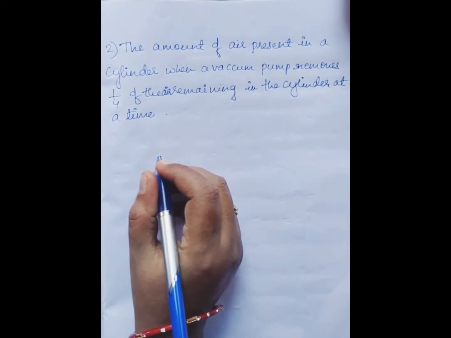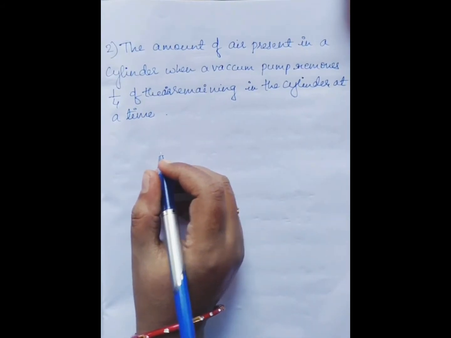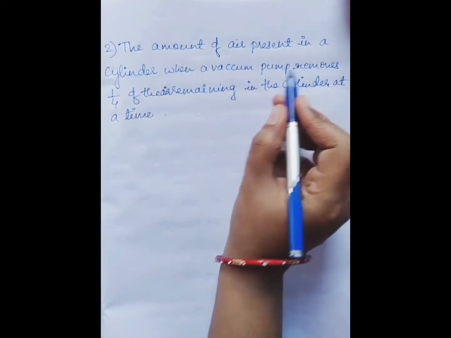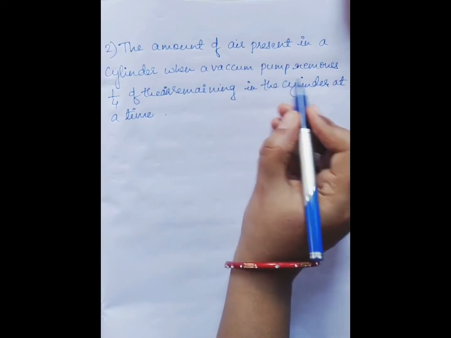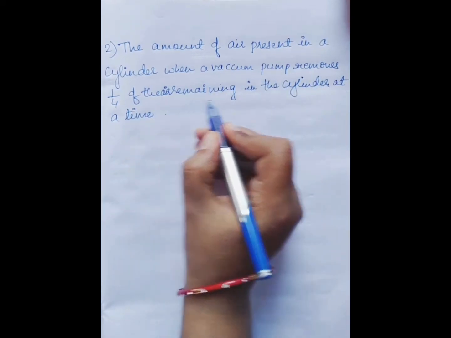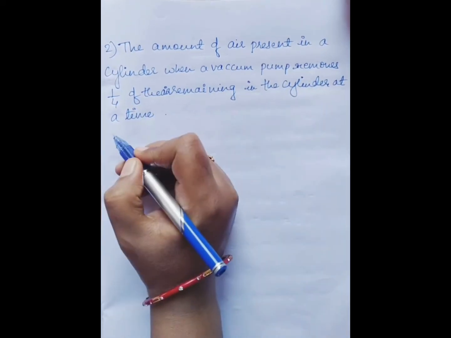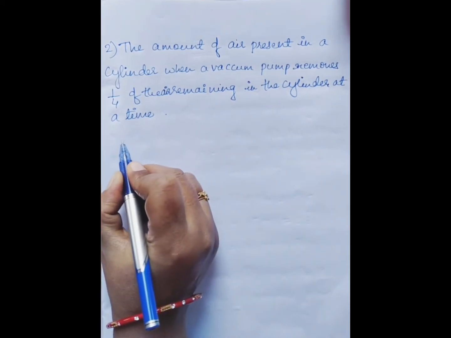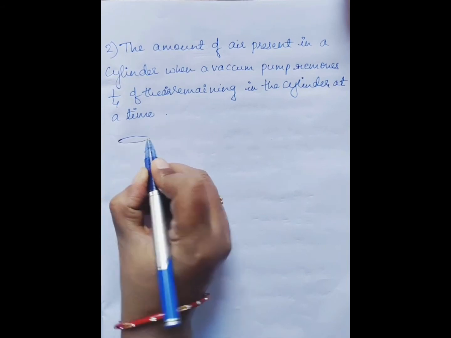Now let us move on to the second question. The amount of air present in a cylinder when a vacuum pump removes 1/4 of the air remaining in the cylinder at a time. Now let me take a cylinder. I am taking a cylinder over here.